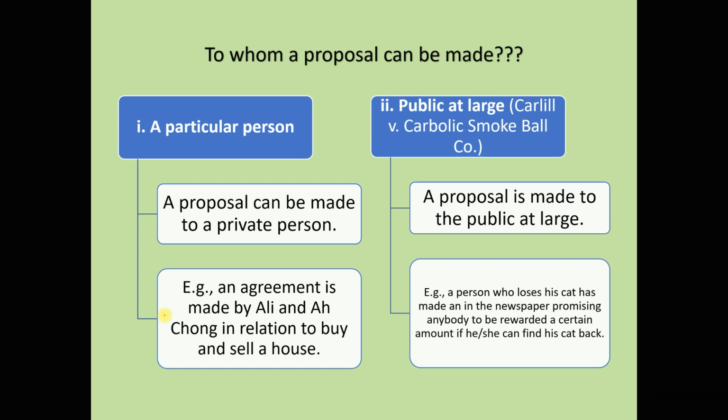This kind of proposal is made to the public. So anybody who finds the cat and returns it, he will give a reward to him, right? So this is another kind of proposal.